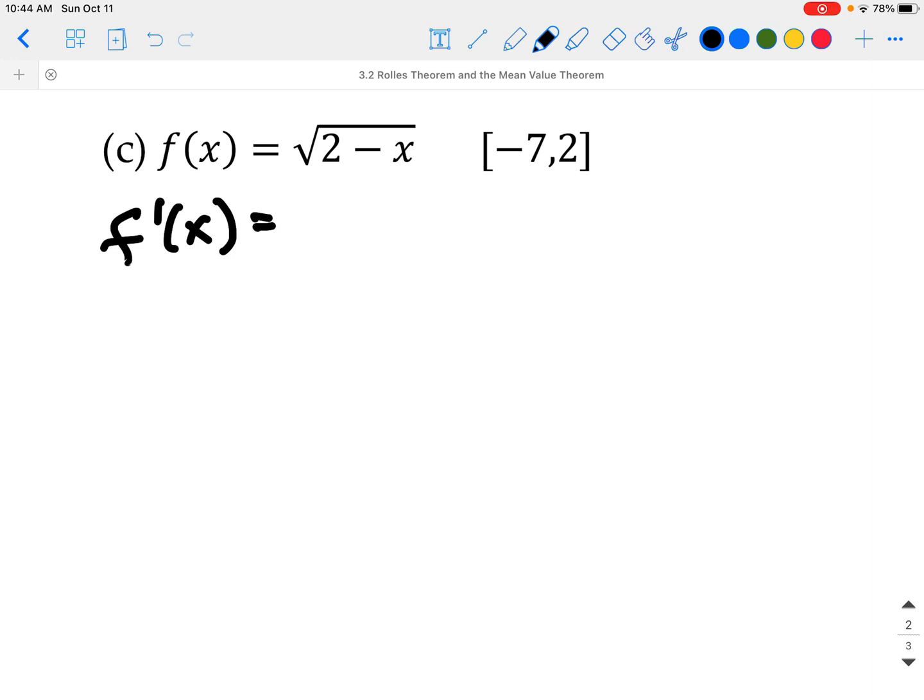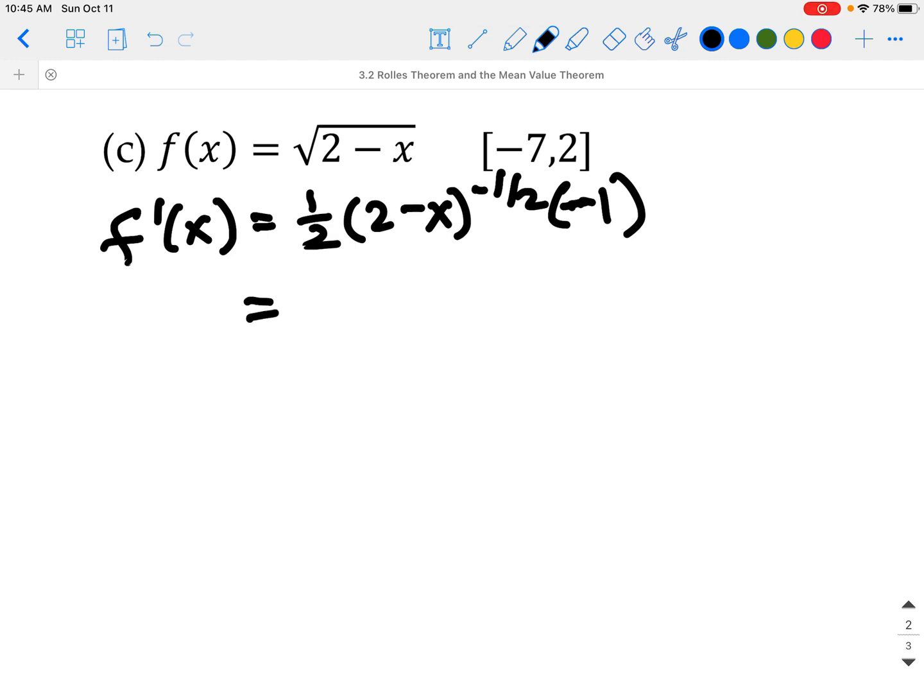So f prime of x is going to be 1/2 times 2 minus x to the -1/2 times -1, which is going to equal -1 over 2 radical 2 minus x.